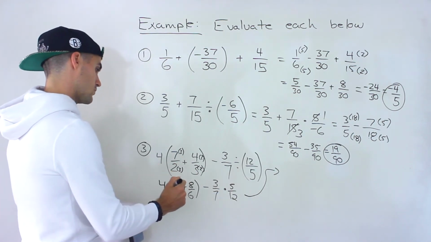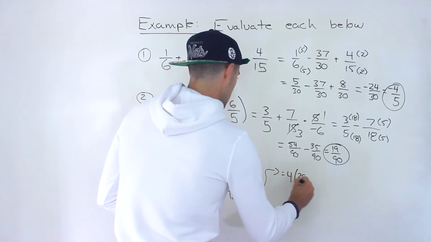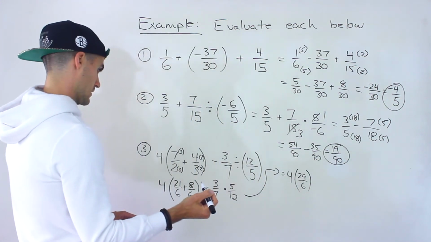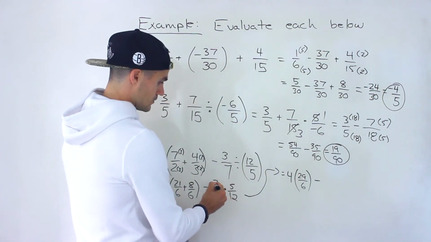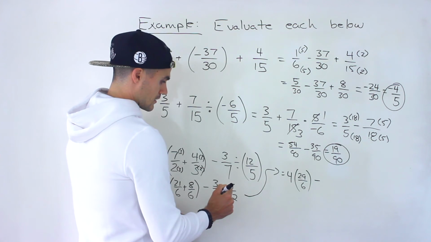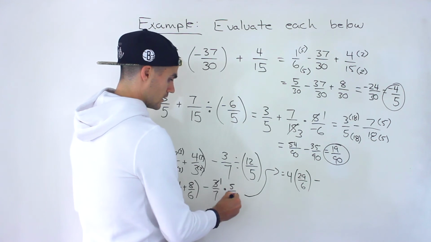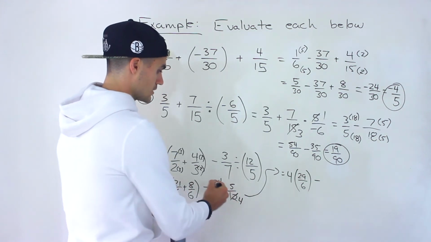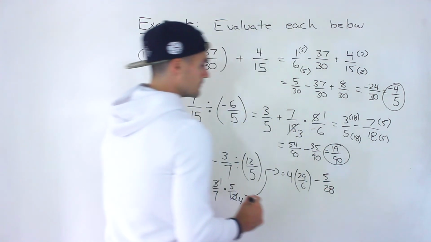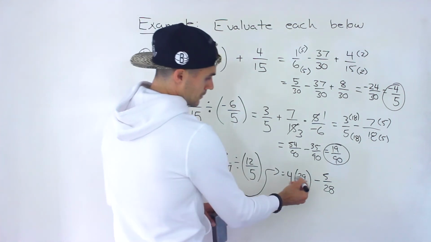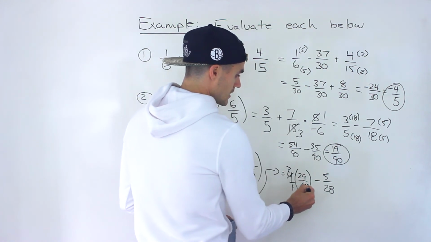So this here would end up being 4 times 29 over 6, minus, and then here we can do 15 over 84, but notice that if you want, you could simplify. 3 goes into 12 4 times, and then you could just multiply these, so this would give us 5 over 28. And then multiplying these two, you can multiply the 4 and the 29 and then the 1 and the 6, but the 4 goes into 6 3 times.